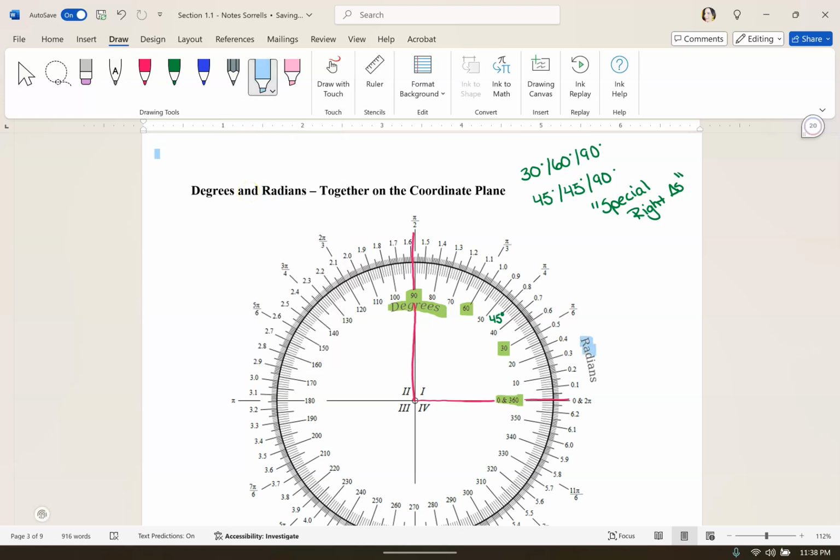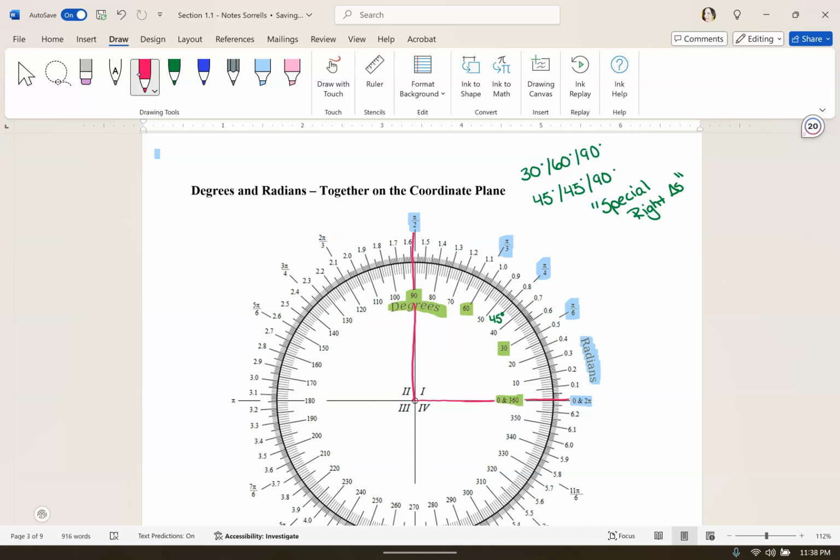So if you look out here, it's the radians, 0 to pi, and pi over 2. 45 is pi over 4, 30 is pi over 6, 60 is pi over 3. So I just want you to kind of think about it.